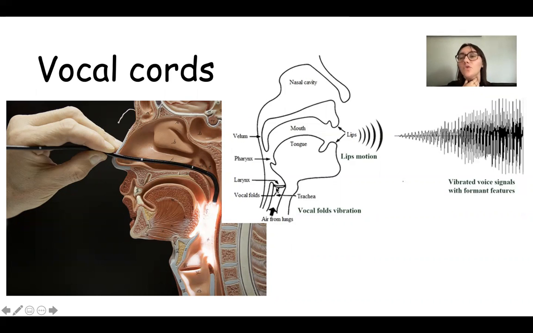So when they say vocal cords, oh, my vocal cords hurt, what they mean is these little flaps of skin in your neck that open and close, and they also vibrate. That moving is what makes the sounds come out of our mouths in any language, right?